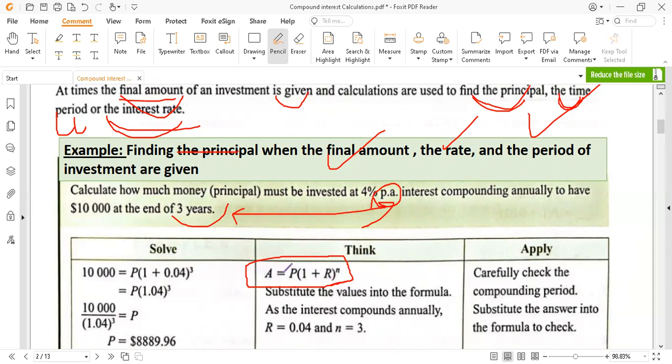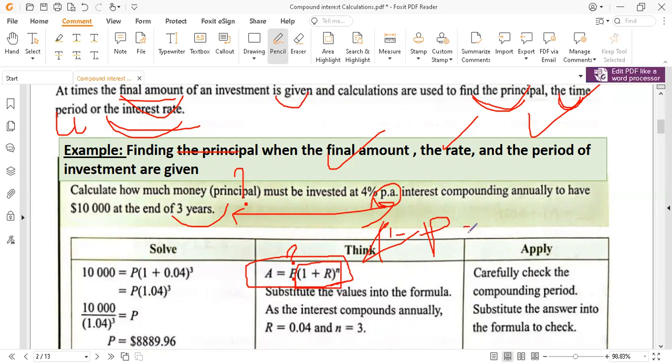So we can start immediately to use the compound interest formula: A equals big P times (1 plus R) exponent n. First of all, calculate how much money, the principal, must be invested. So we are looking for P. If we have this equation, we want to get rid of the factor multiplying P. Moving it to the other side of the equal sign, the multiplication becomes a division.